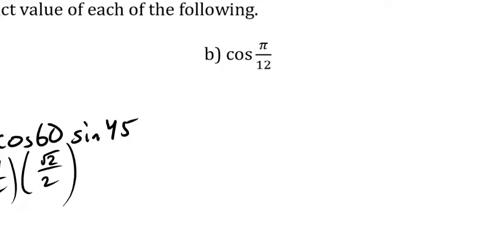Now that you've seen it once, figuring out two of the special angles that add or subtract to 15, or if I gave you a different one, like 110 or something, you could figure that out probably pretty easily, but with radians, it is trickier. So I'll give you a few strategies.